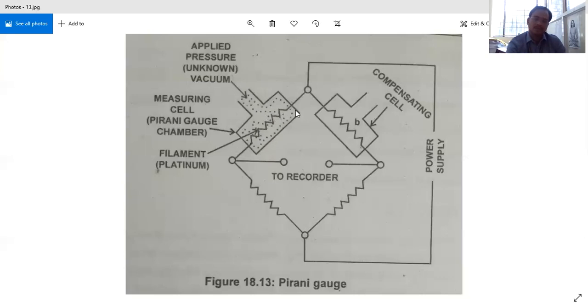Responsiveness means how quickly the Pirani gauge instrument will respond to the change in pressure. So we have a good response to the pressure changes. Next, the relation between pressure and resistance is linear for the range of use.